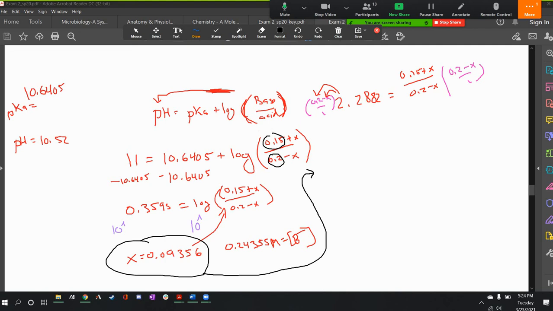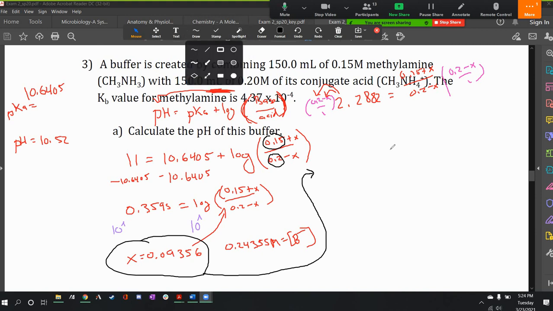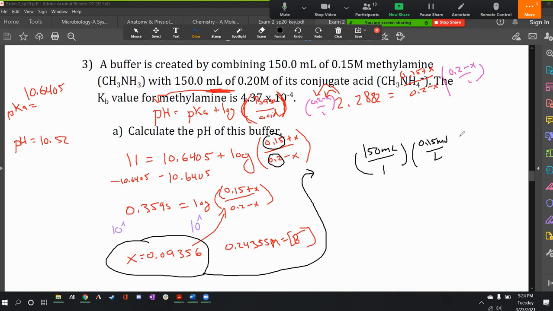So if we had put moles here to begin with, you would have just calculated the moles from the start. You would have said, okay, we have 150 mLs of 0.15 moles per liter. Convert mLs to liters.